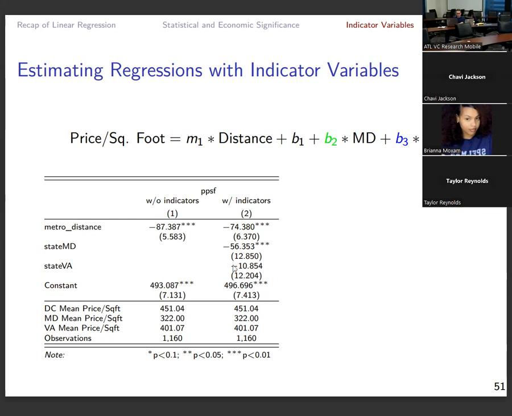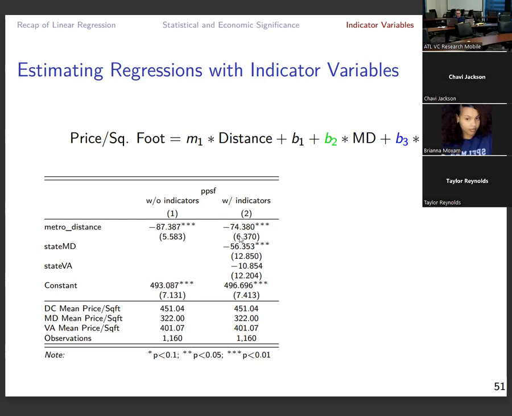Here's the one for DC. Virginia is basically $11 cheaper price per square feet. But notice there are no asterisks here, and the standard errors are quite big relative to the actual parameter values. The standard error for Maryland is the same as the standard error for Virginia, but the coefficient is 5 times as big.